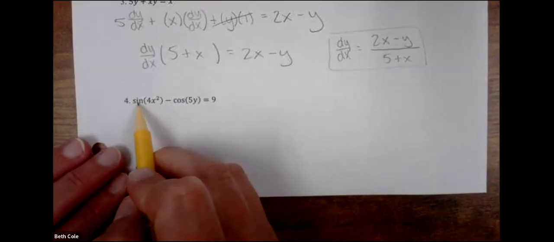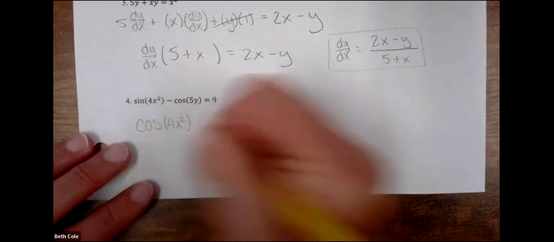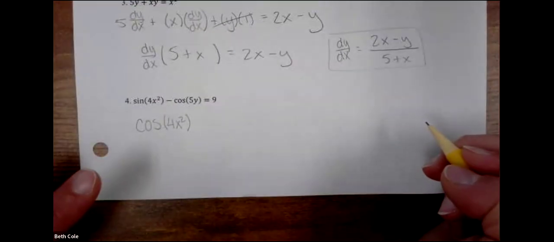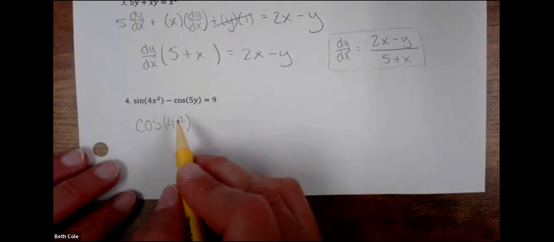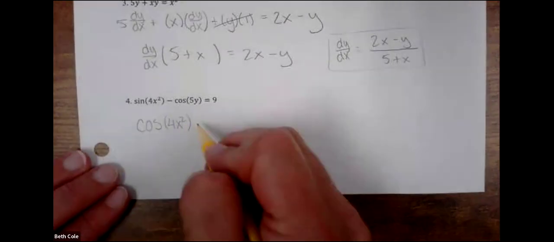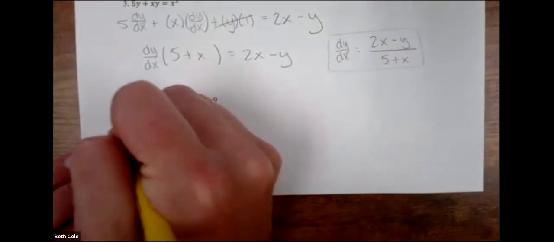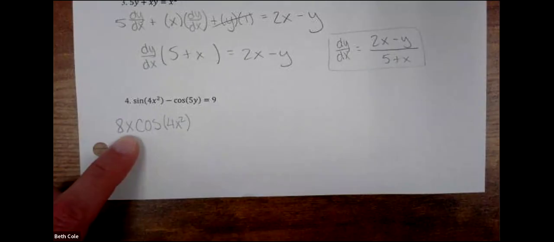Okay, derivative of sine, cosine. So you got cosine 4x squared. Good. You have to chain rule on an 8x at this level, and at this point, because we already got through the unit on derivatives, instead of putting a dot and then 8x, I'm gonna put my 8x right here. You guys can handle it, okay?